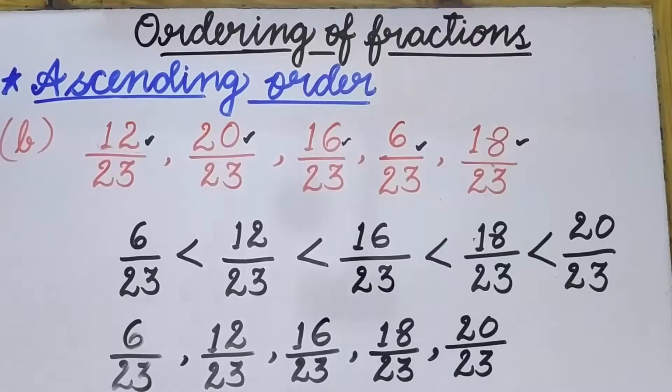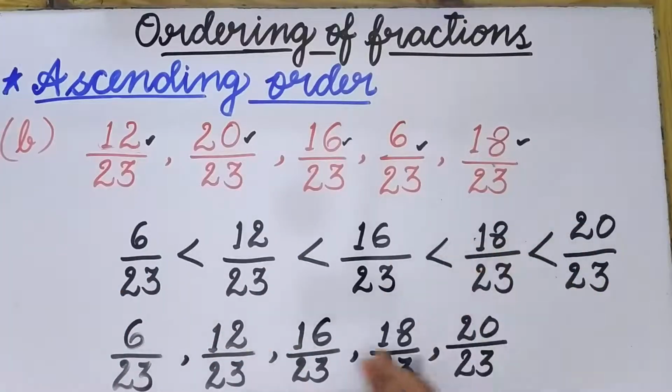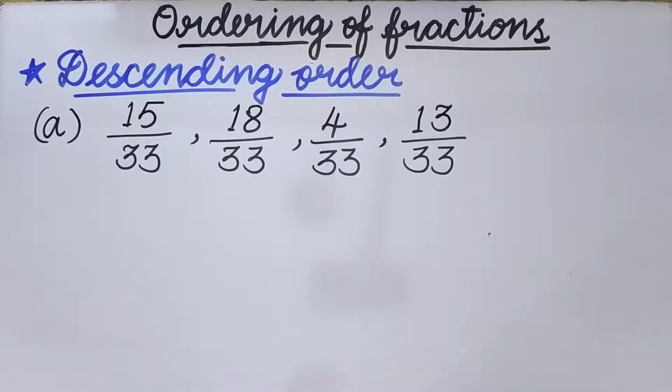This is the way of arranging the given like fractions into ascending order. Right, we have arranged the given fractions in ascending order.